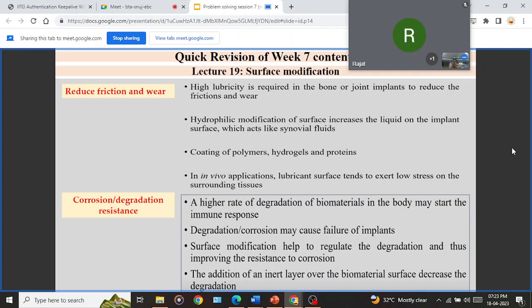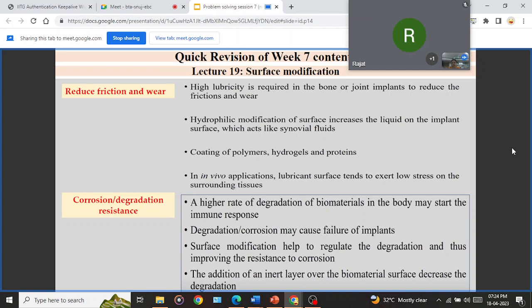It will increase the liquid on the implant surface, which can act as the synovial fluid. Other than that, we can coat various polymers, hydrogels and proteins over the biomaterial. In vivo, lubricant surfaces tend to exert low stress on the surrounding tissue. So depending upon the function of the biomaterial, for example in case of bone and joint implants, we want to reduce the friction and wear.